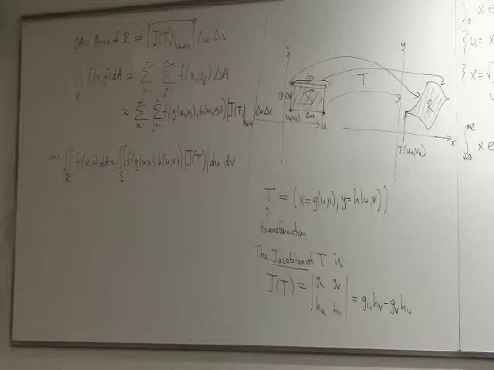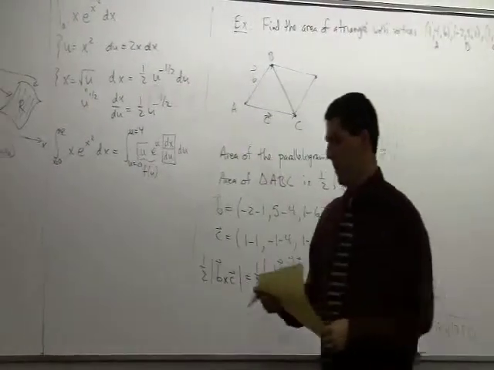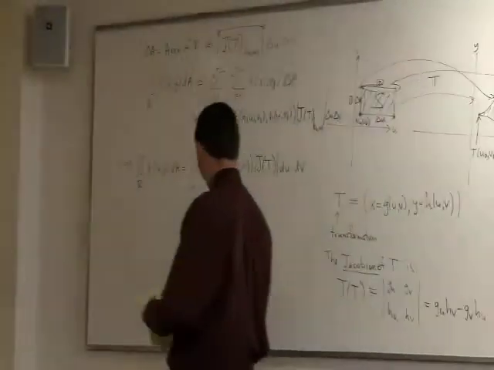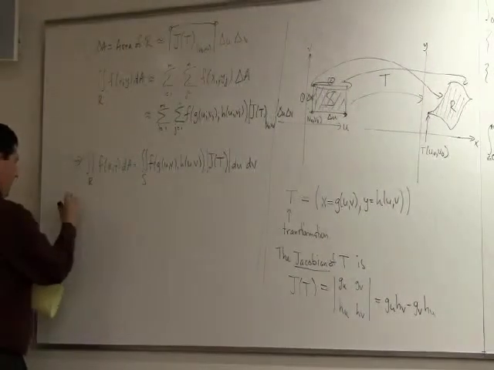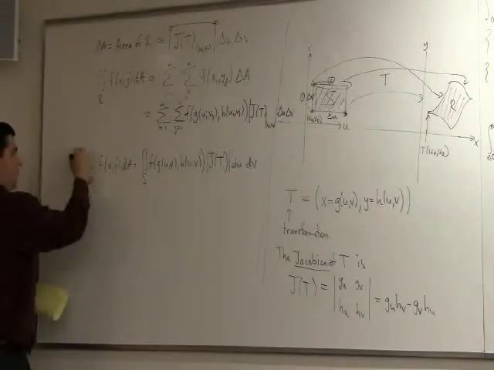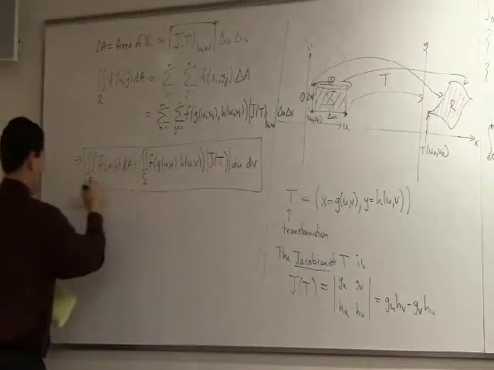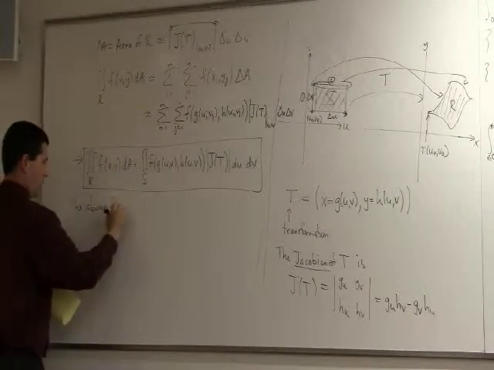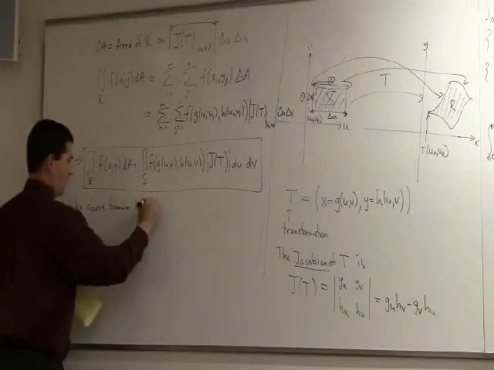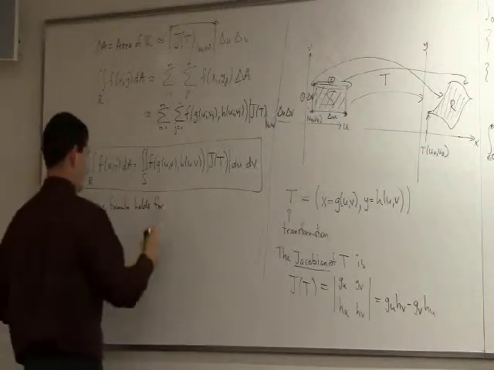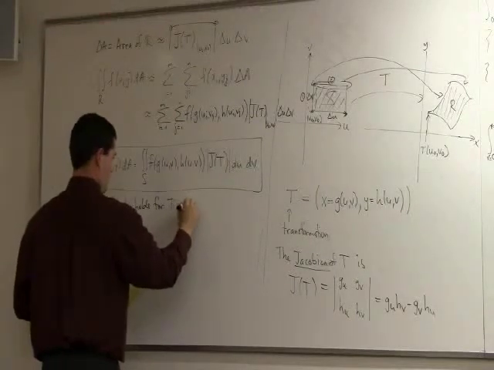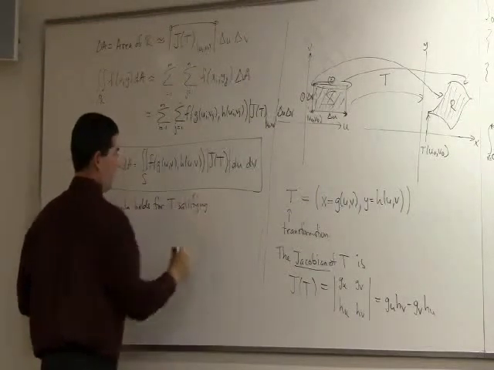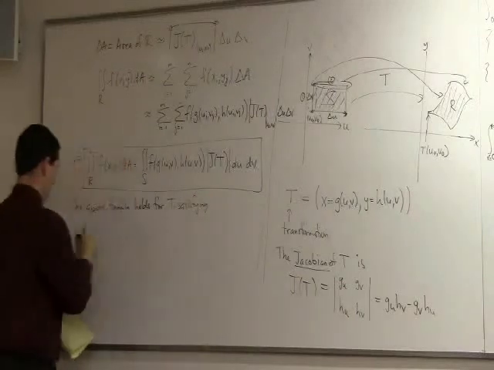There are some restrictions. You cannot do that for any T that you could possibly write down. So let me write some of these things up. This is the change of variables formula, and the above formula holds for T satisfying the following laundry list of properties.